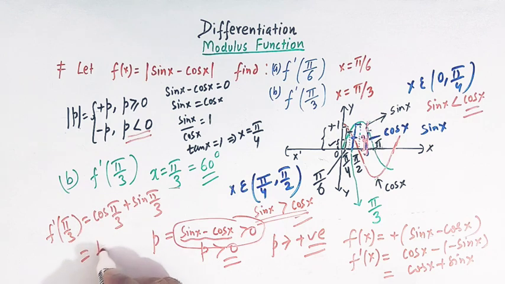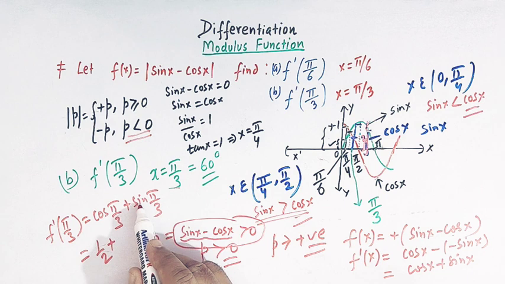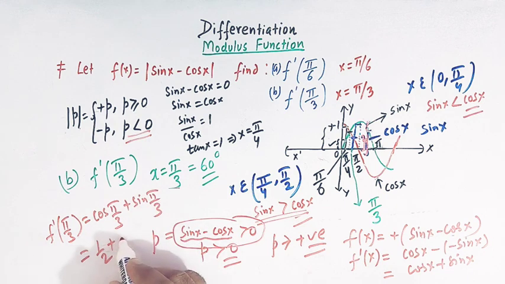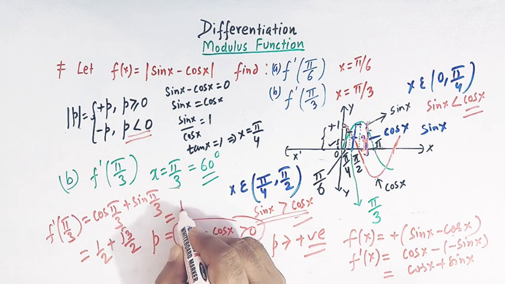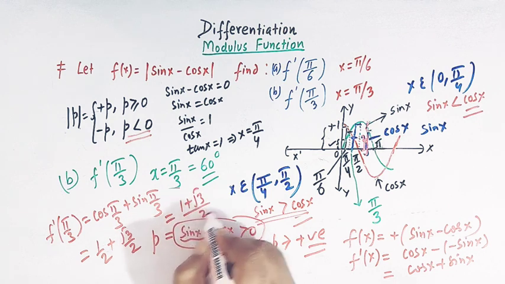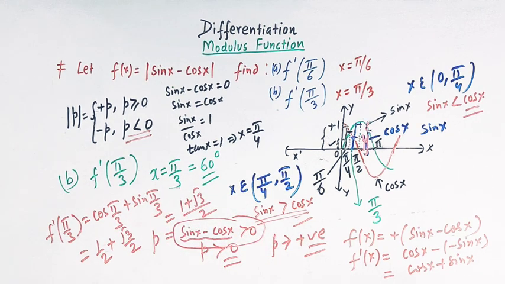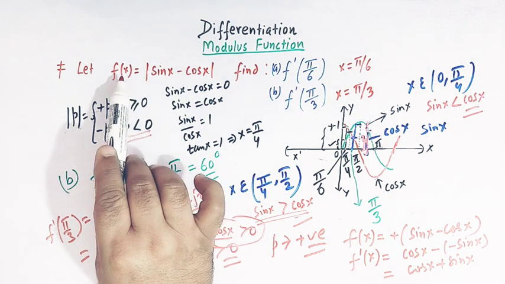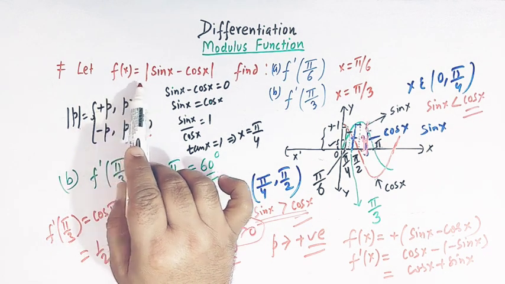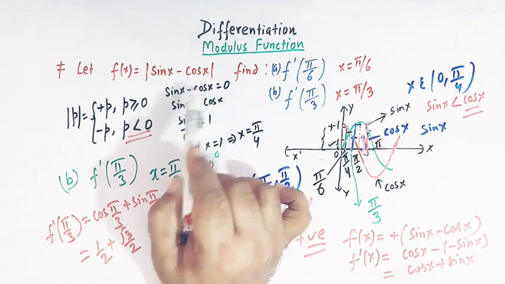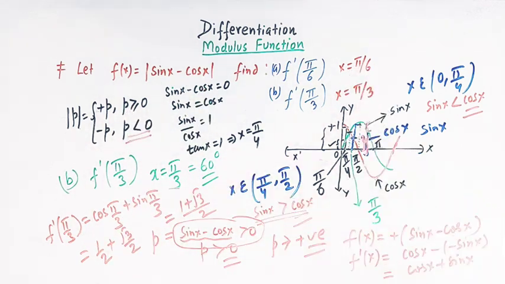Cos 60 degrees is half, and this is sine 60 degrees, that is root 3 over 2. So this is equal to 1 plus root 3 over 2. So viewers, this is how by making use of all these concepts, we can find out the derivative of f of x is equal to mod of sine x minus cos x at these points.